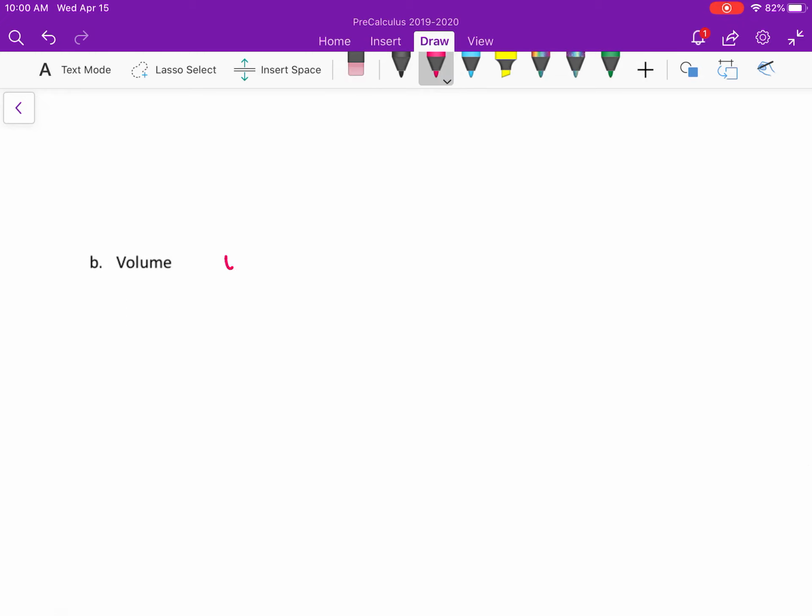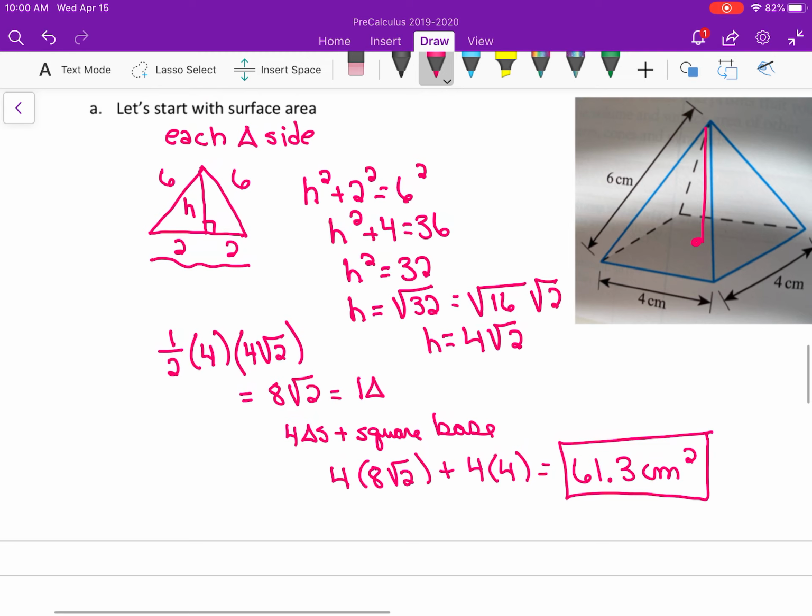All right, let's come down here. So for volume, we need the perpendicular height and the diagonal of the base. So we need that, and we need this. I was going to attempt to redraw that figure, but I don't think that's the best since my three-dimensional drawings aren't good.